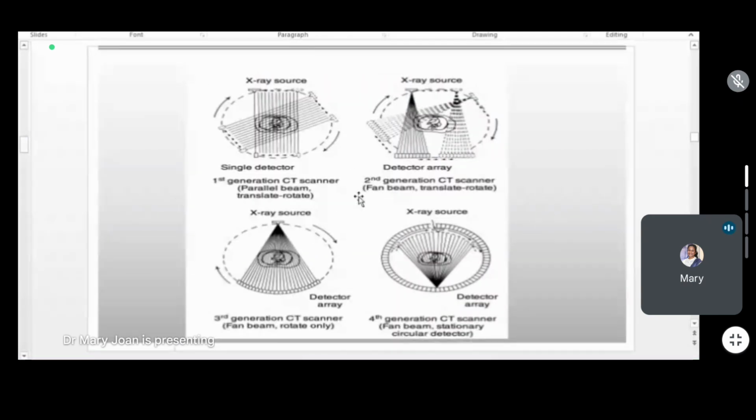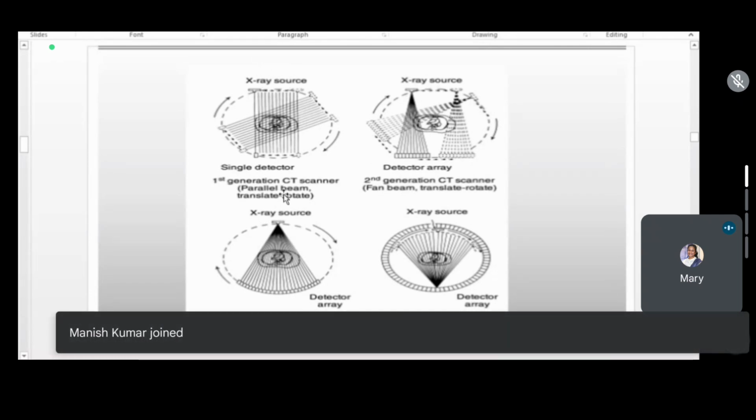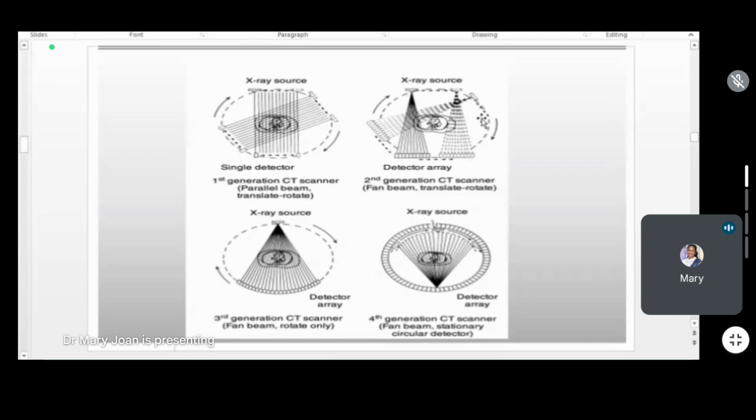So that is what is explained here. You can see the parallel beams in the first generation. And after that we have a small narrow fan beam, and then a wide fan beam, and then the same wide fan beam in the fourth generation also. And in the detector we have detectors placed across it.